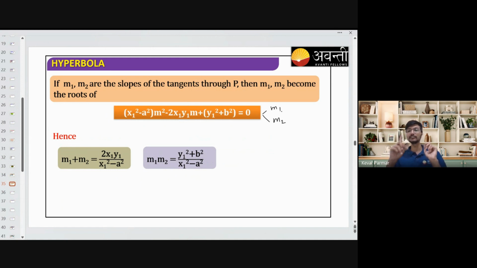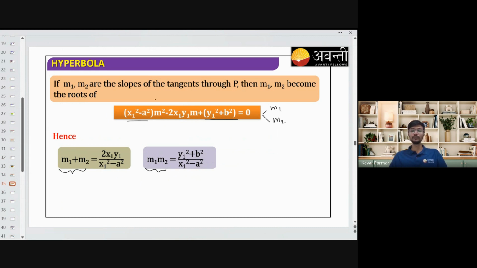Now, as we know, this is a quadratic equation, so sum of the roots will be 2x1y1 upon x1 square minus a square, and product of the roots will be y1 square plus b square upon x1 square minus a square. I hope it is clear. Now please remember this, we are going to use this in director circle. Okay, so let's see what we have next.